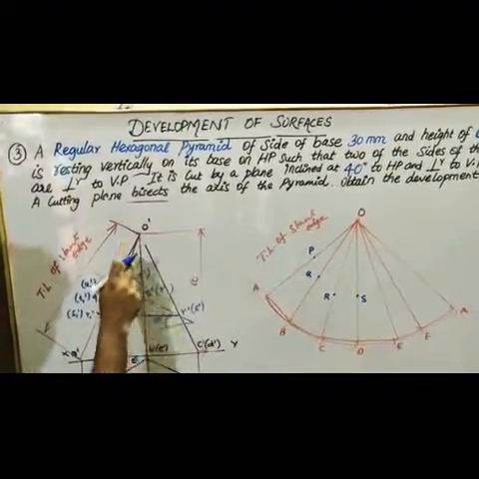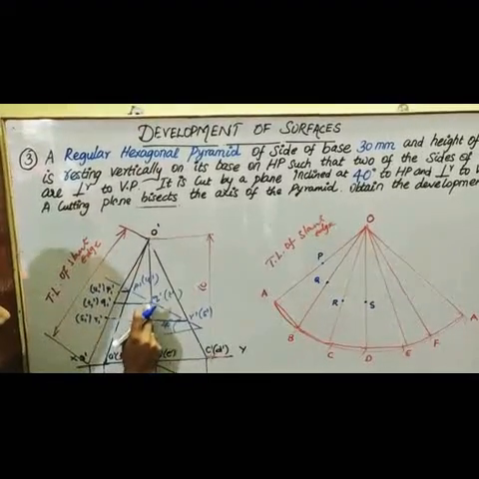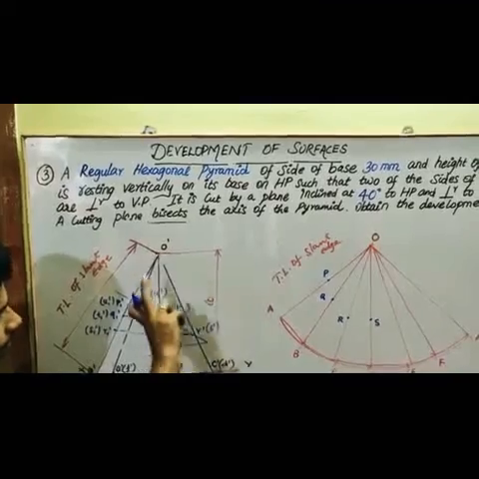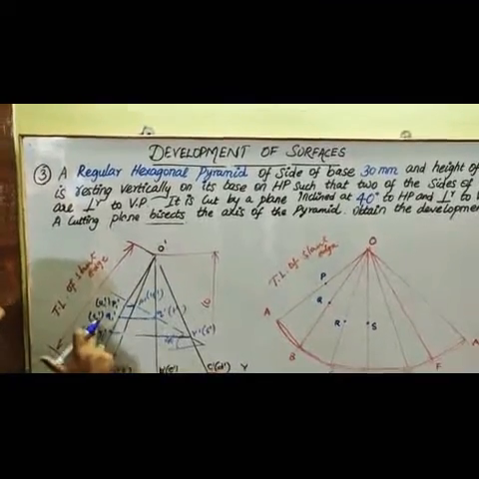Right? And the fifth point is your T. That is on the OE line. Mark the point.